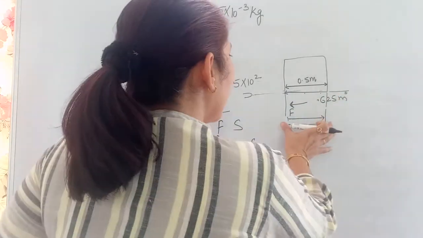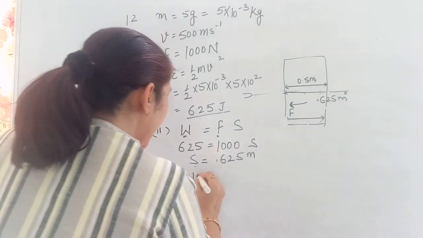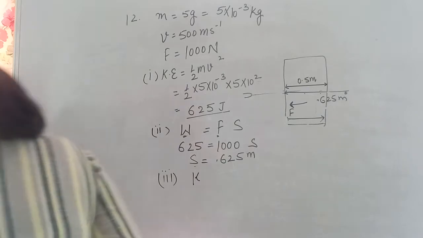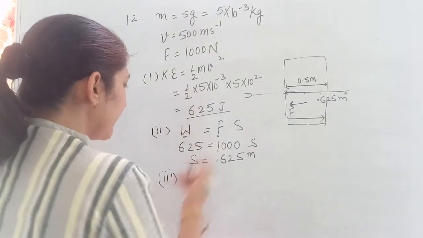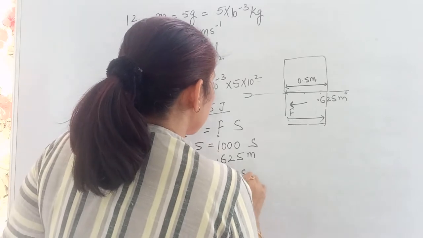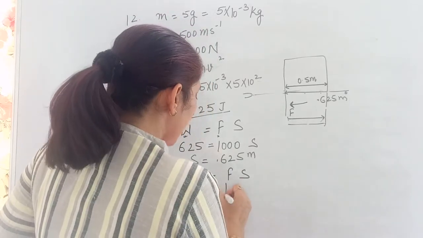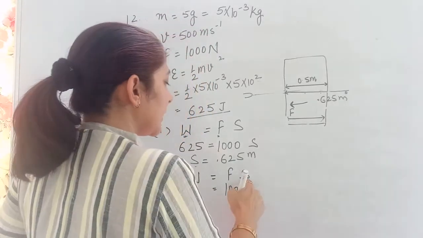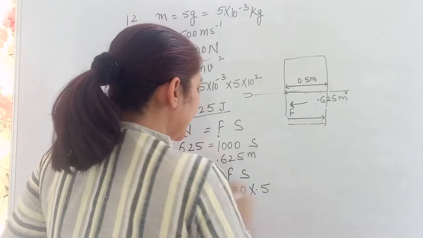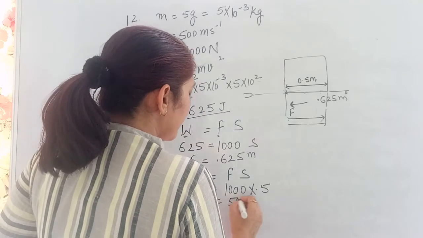So how can we find out what is the energy over here? Kinetic energy. We can say, or you can say work done by bullet. Directly you can find out work done by bullet is force into displacement. Force is 1000 Newton of resistive force is working here. Displacement when it is passing through this 0.5 meter distance. So it becomes 500 joules.